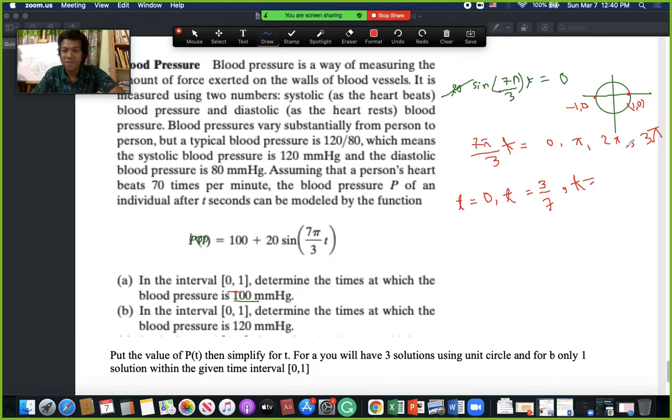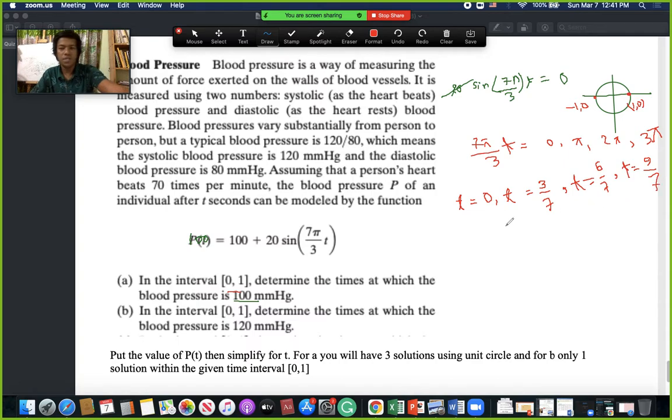Now also pi cancels out. Then here you have 2. 2 into 3 means 6 divided by 7. Now another one. t equals to 3 pi, so 9 divided by 7.